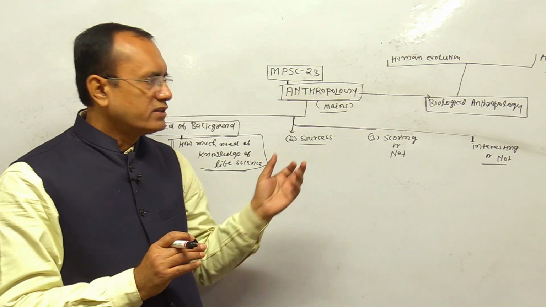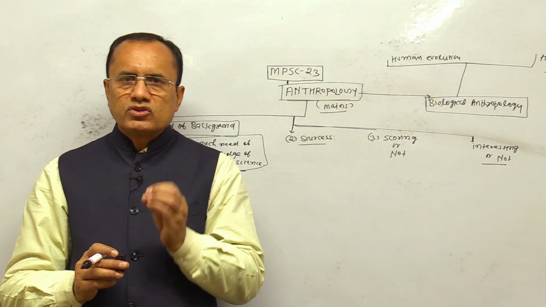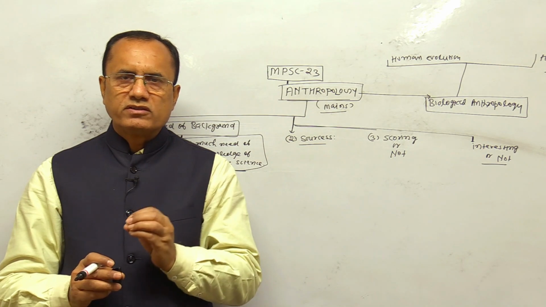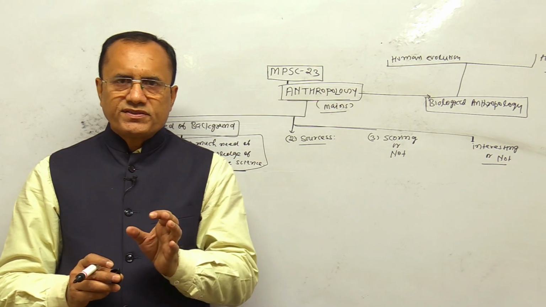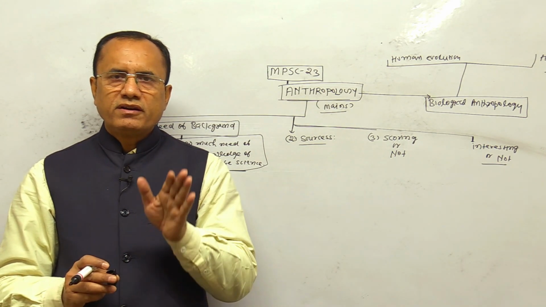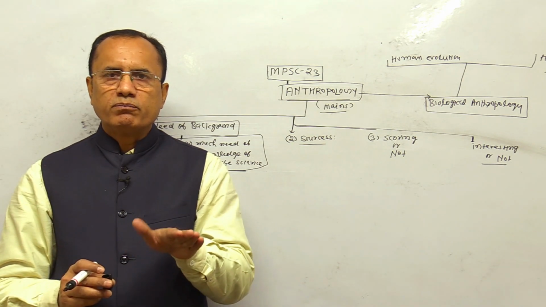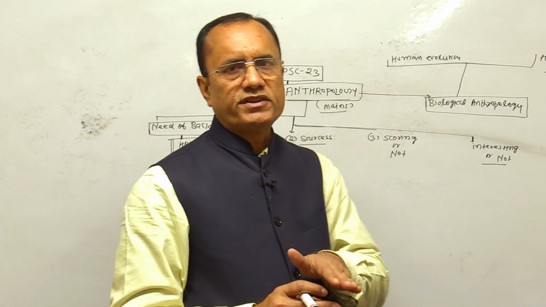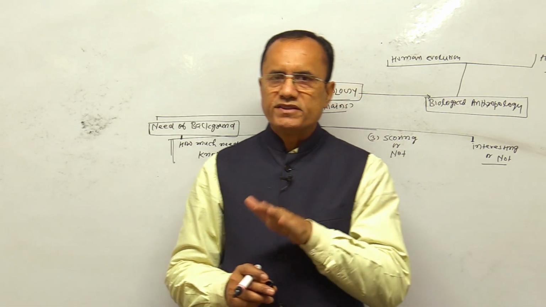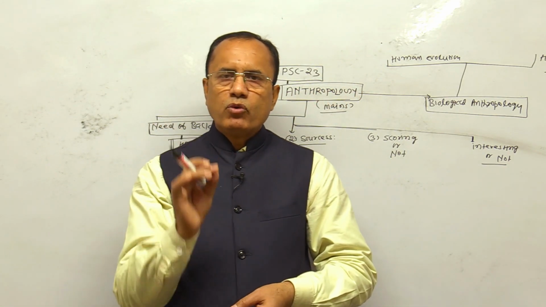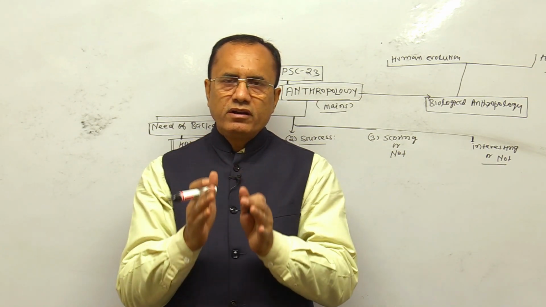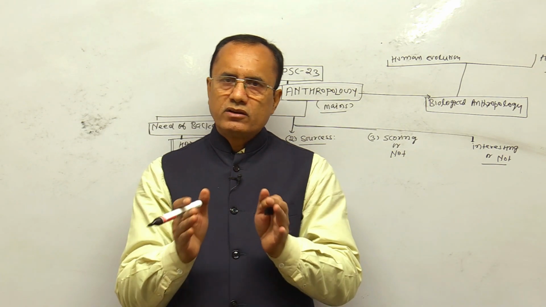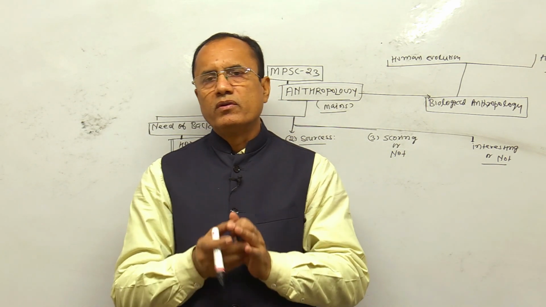The second important thing is sources. If you want to know the basic sources of anthropology for self-study, first important is a book written by Amber and Number. That book is most popular among students and available in all places. It gives us fundamental knowledge regarding all branches of anthropology, and it is very good for you.